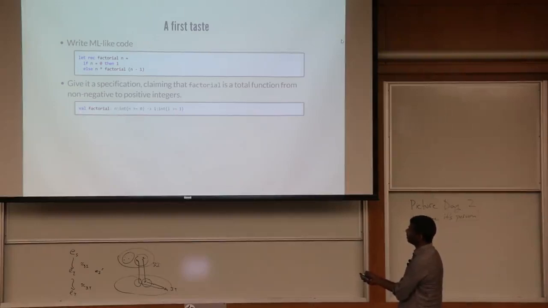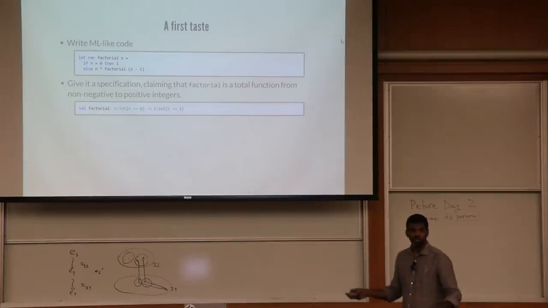It says factorial is a function that takes an integer, n, refined by this predicate here, that n has to be at least 0. And it's a total function. Arrows are total, meaning the code doesn't diverge. It has no effects. It's a really pure mathematical function. And it returns an integer, and this integer is at least 1.